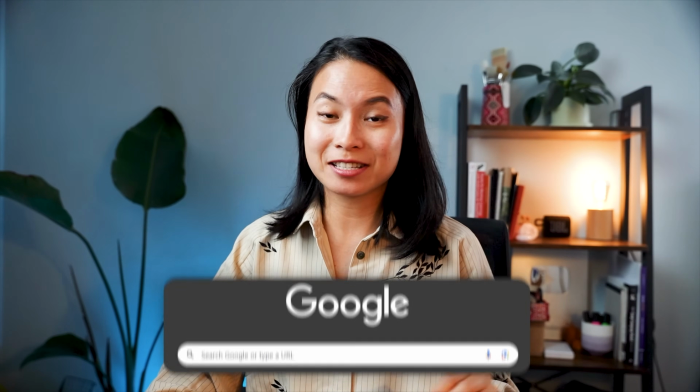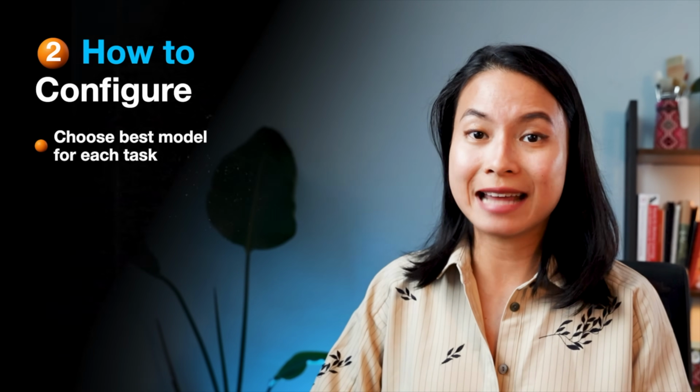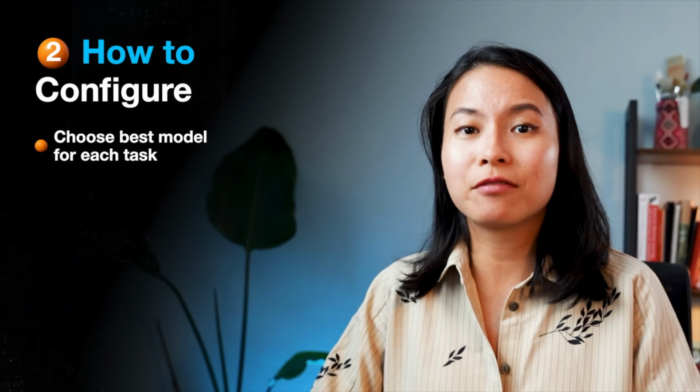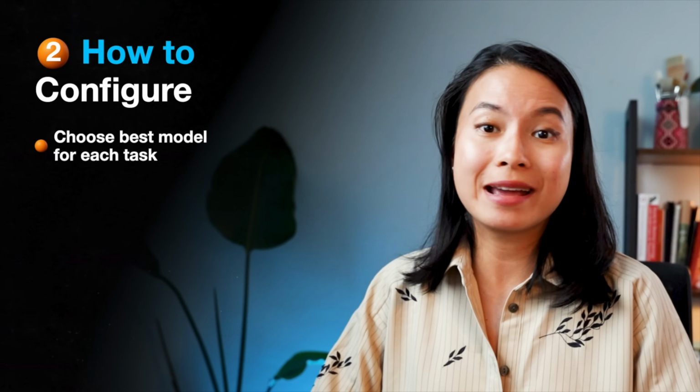Now, most people are using AI just like using Google with just default settings, but you should be familiar with configuring your tool according to what you need and your own preferences. For example, you can choose the best model for each task. Most systems default to the fast model to save computing power, and the fast model is probably enough for simple tasks like summaries or quick brainstorming or making checklists.